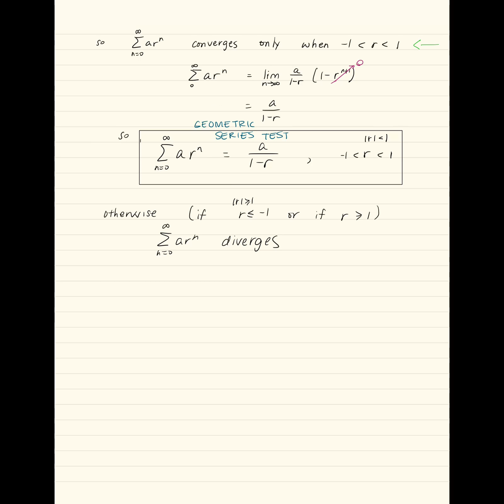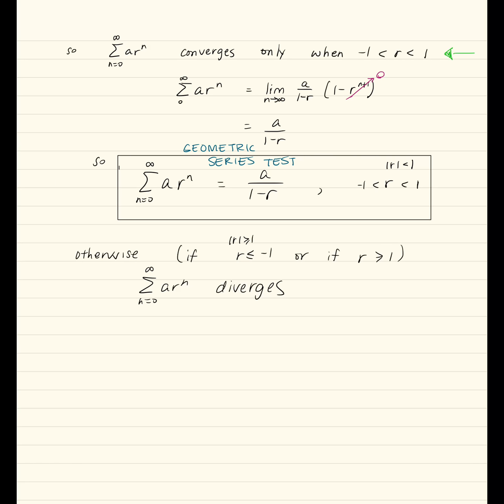So we've got that here. And when r is in between negative 1 and 1, this is going to go to 0. So this limit as n goes to infinity is just going to be equal to a over 1 minus r.